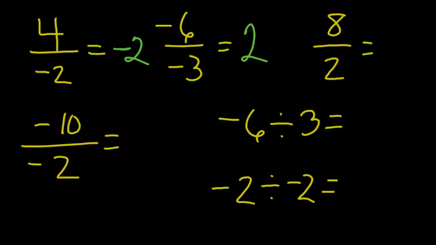They're the same, so the answer is positive 4. Negative 10 divided by negative 2. They're the same, so the answer is 5. Negative 6 divided by 3. They're different, so the answer is negative 2. Negative 2 divided by negative 2. They're the same, so the answer is positive 1.